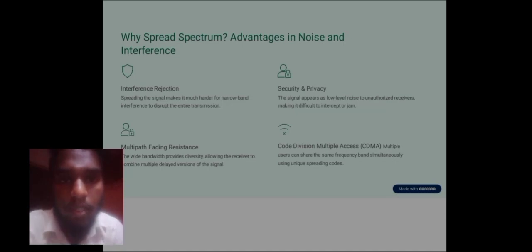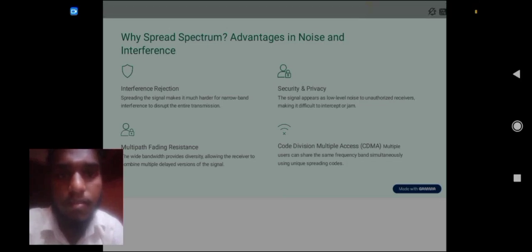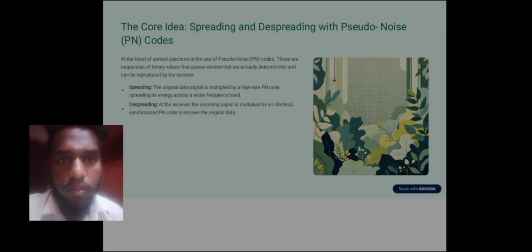That is called code division multiple access. Multiple users can share the data simultaneously by using the specific code in the same channel, which is called code division multiple access. Now we will see the main core idea of this communication technique.